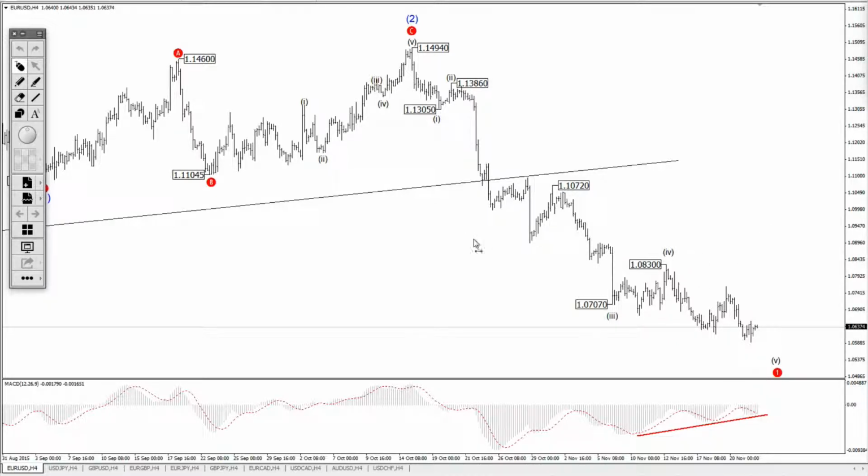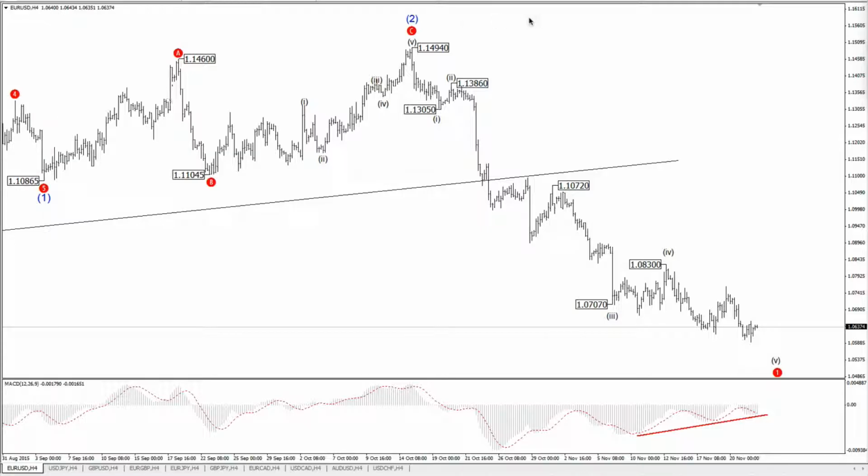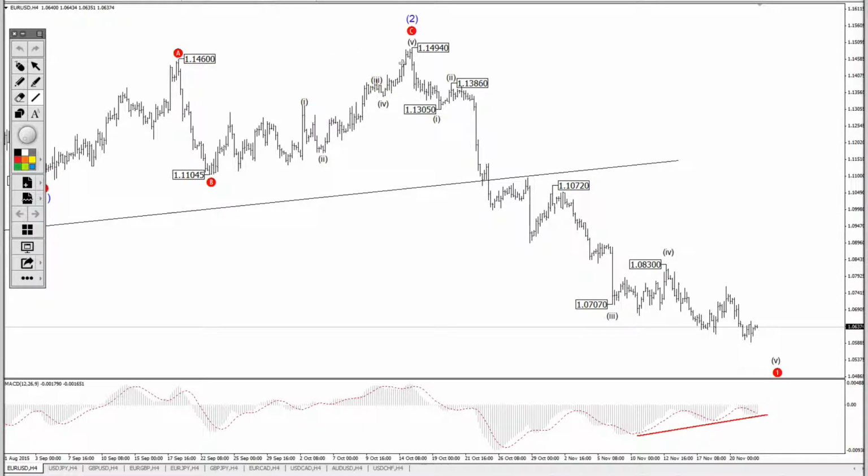So let's draw the whole structure. There's a slight revision on the third wave as well. Let's start from the 114.94 high again. Here we can see the first wave down to 113.05, a small second wave to 113.86, and now a very large third wave.